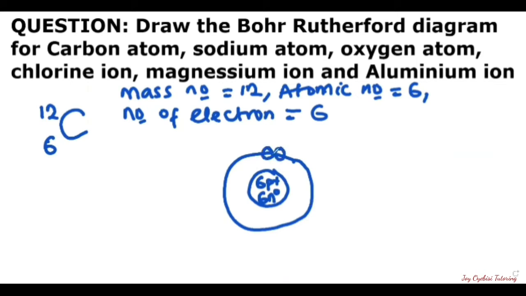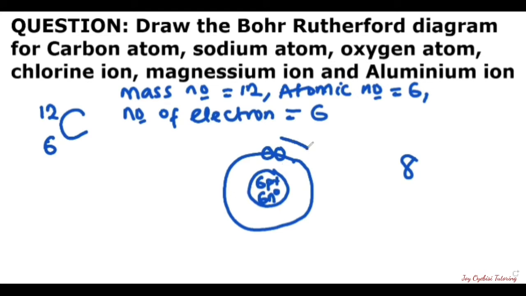This is how you write them beside each other. Now that you filled in the first shell, all the other shells that come after the inner shell have 8 maximum electrons. So inner shell has 2 maximum electrons, and the other shells will have 8 maximum electrons.